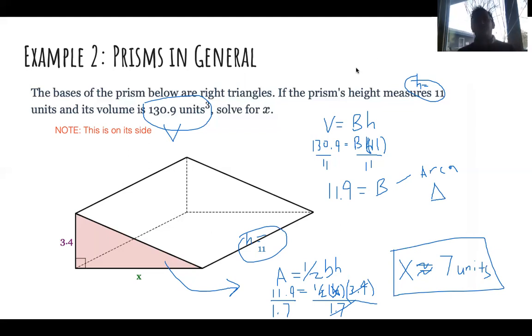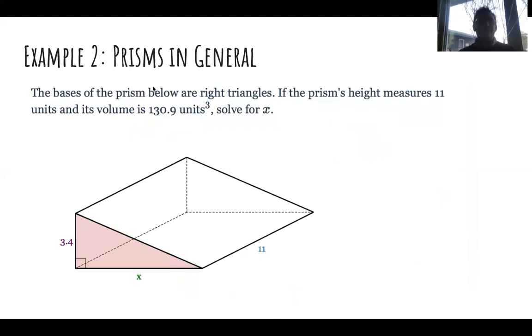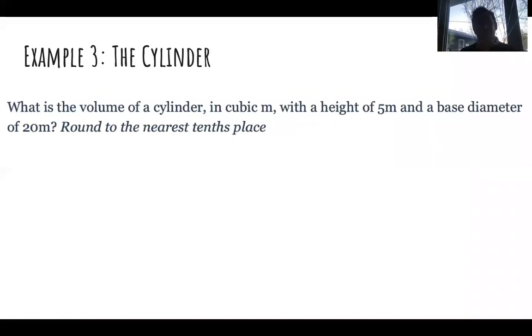All right, let's look at another shape. Let's go to the cylinder. I actually like doing a hybrid of what the SAT is asking us here for. So I'm going to start with capital B times H. And I know that the area of a circle is going to be pi r squared times height.